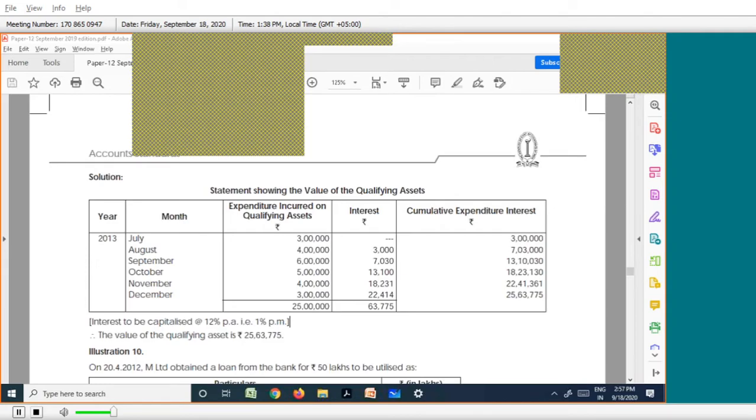Don't take this as an answer for exam purposes. I'm just sharing the view. Do you understand what I'm saying? That interest actually belongs to December month.